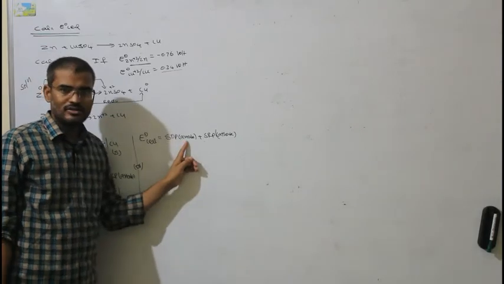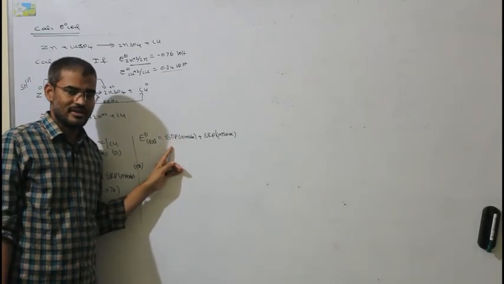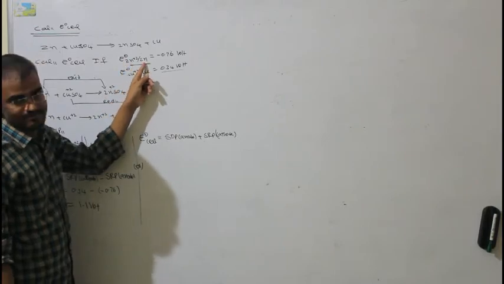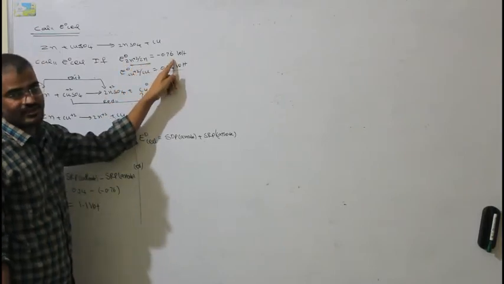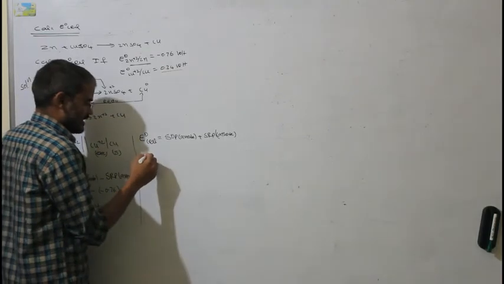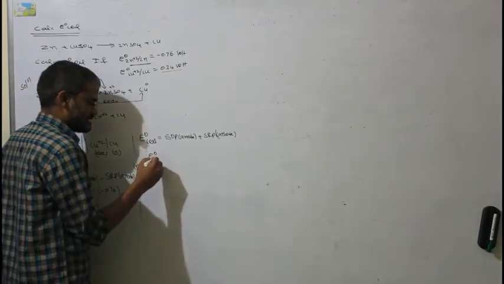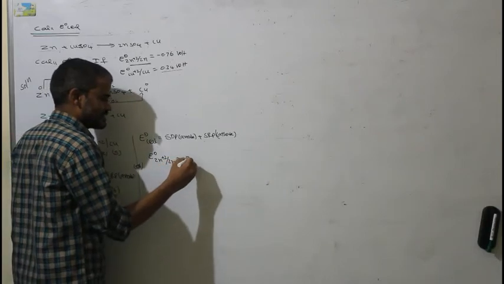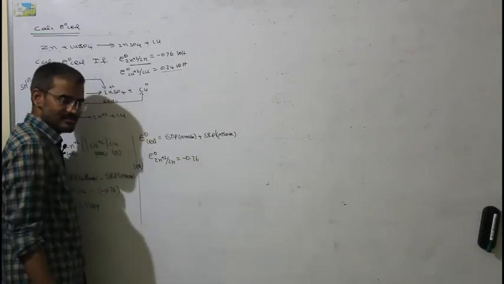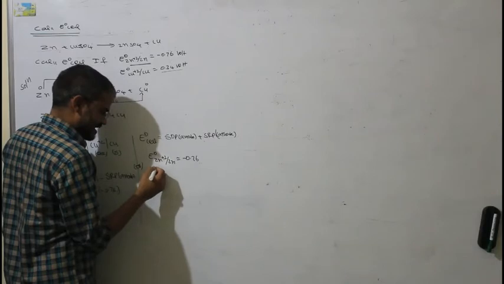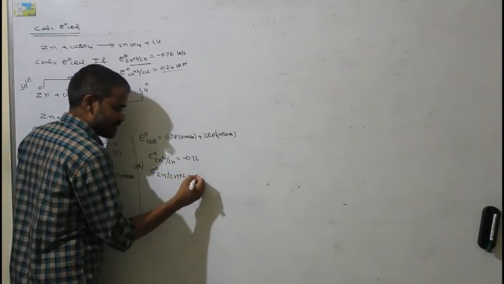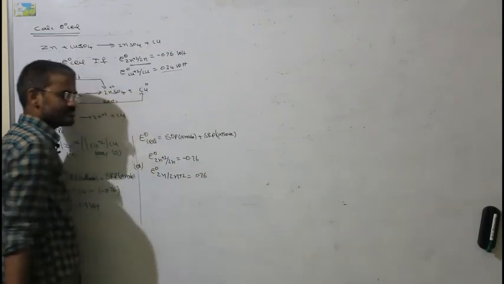For anode, we need SOP, standard oxidation potential. But here what is given? Zn plus 2 to Zn, reduction potential value given. So E naught Zn plus 2 slash Zn equals minus 0.76, which means E naught Zn slash Zn plus 2, reversed, becomes plus 0.76.